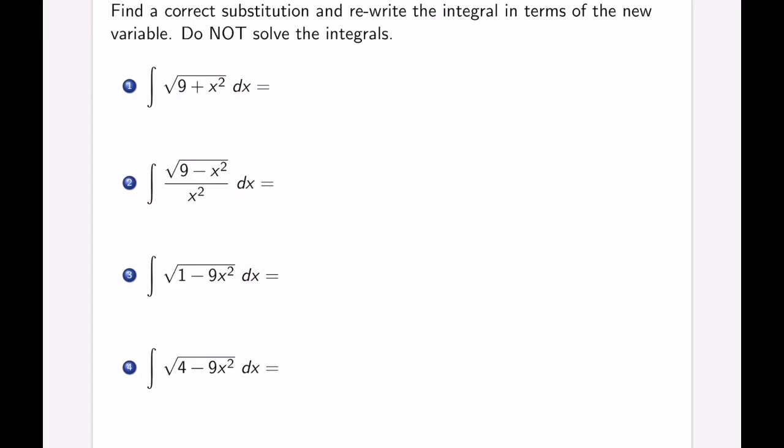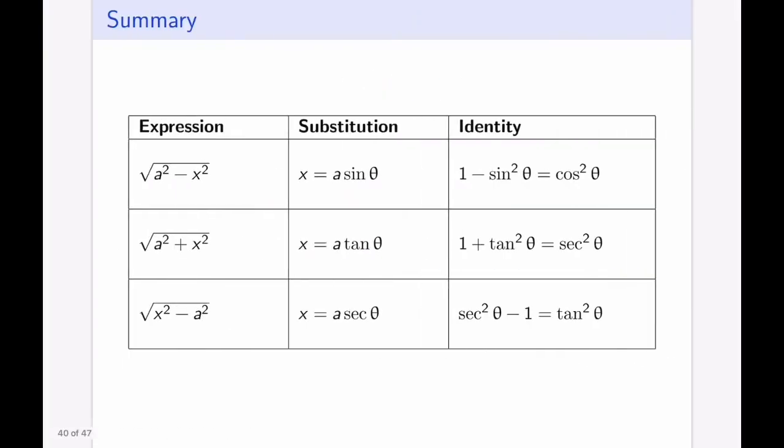Okay, so I'm assuming you were good students and actually got your pencils out and tried out these substitutions. This first one here, I have a number plus x squared. So this immediately suggests that I'm in this situation here. The one thing to watch out for is the substitutions are always given with a constant a, where the number that I have under the square root is actually a squared.